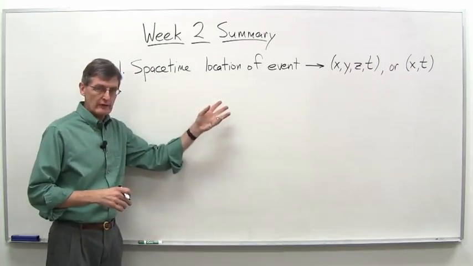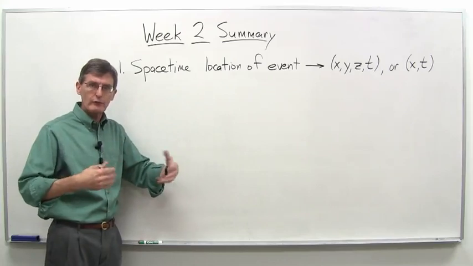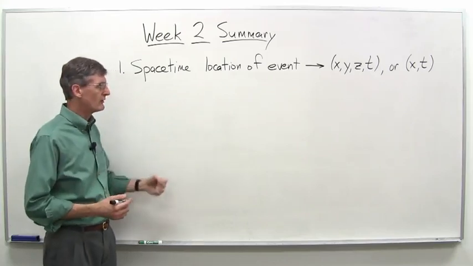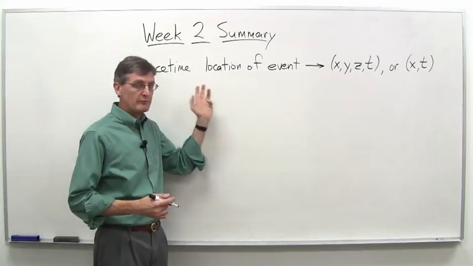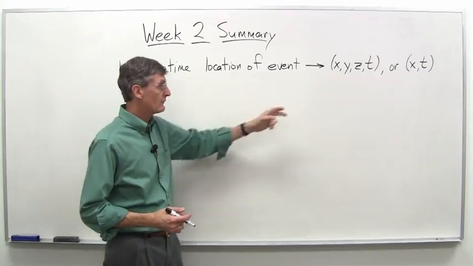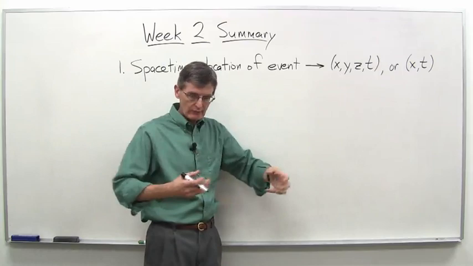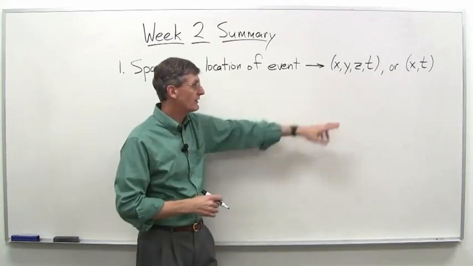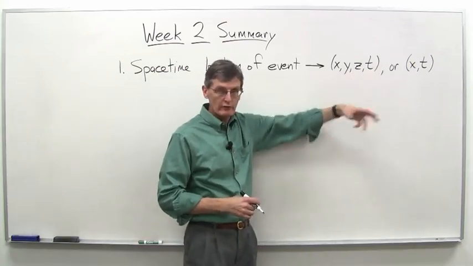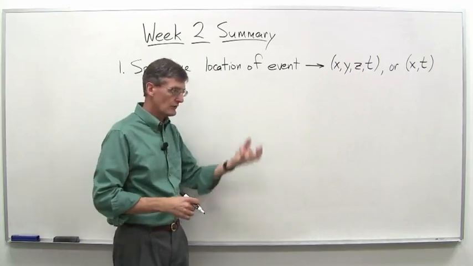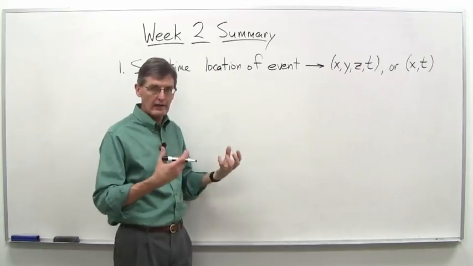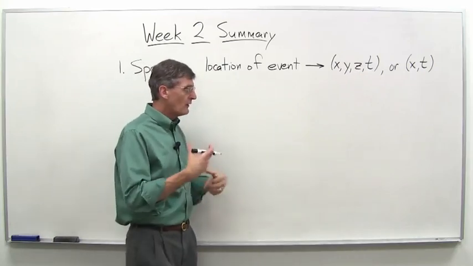Space-time location of event. The theme for the week was events, clocks, and observers, and so we talked about how we can specify that event via a coordinate system in 3 dimensions, x, y, and z, and then a time coordinate, so that if an event happens, we record its x, y, and z location and its time at that location.